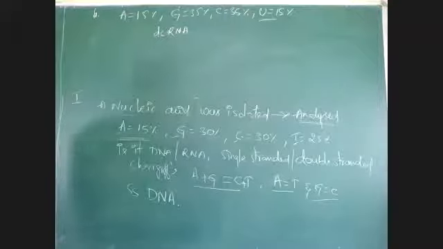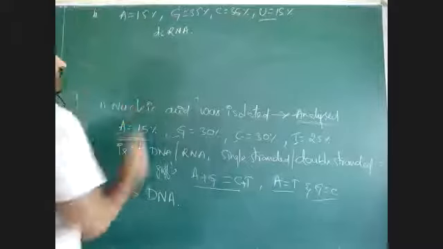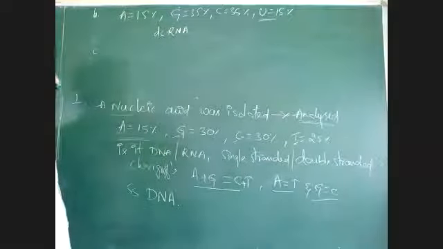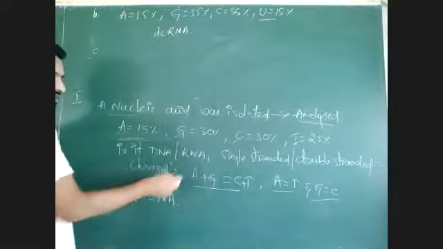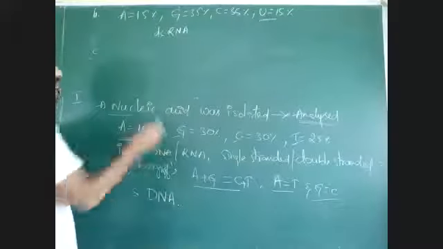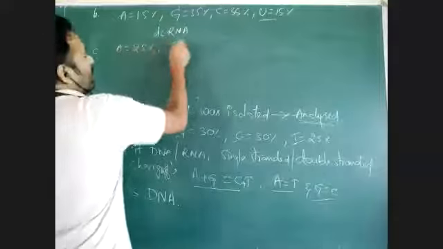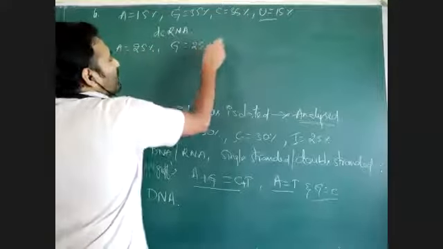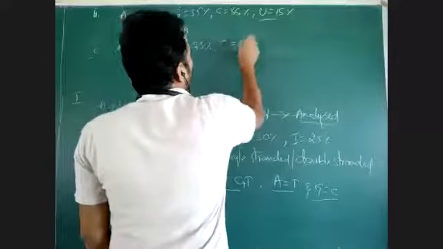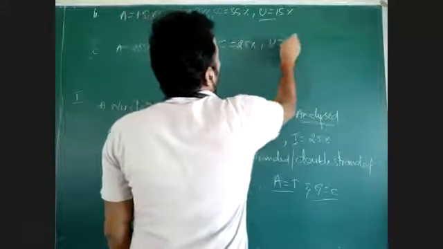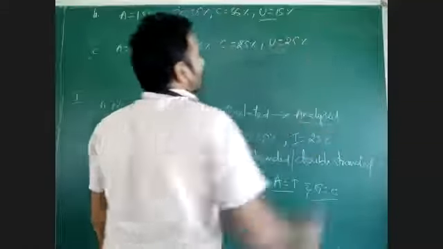Okay, and another one. Suppose if we take an example, this is single-stranded DNA. I told you. Suppose A is equal to 25%, G is equal to 25%, C is equal to 25%, and U is equal to 25%.